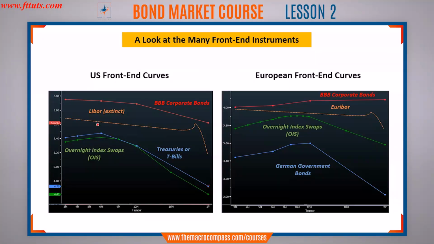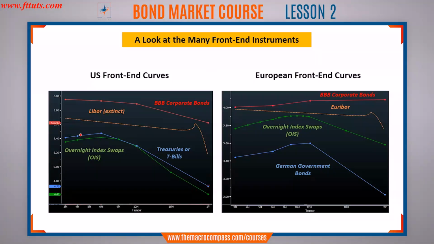If you add a bit of a spread on top, you would go to the good old and now extinct LIBOR curve. The overnight index swap is basically a proxy of the future market expected Fed funds rate. We'll explain how that works. T-bills, I think, are self-explanatory. LIBOR, the extinct LIBOR, would be the rate at which banks lend money unsecured to each other.